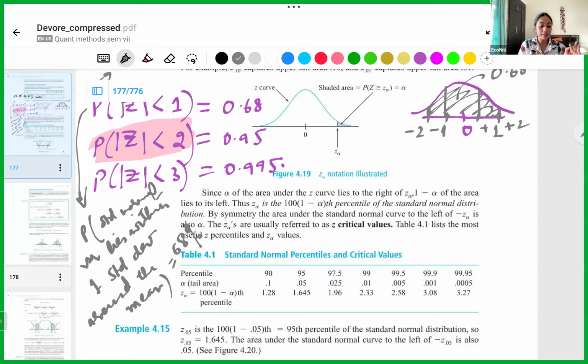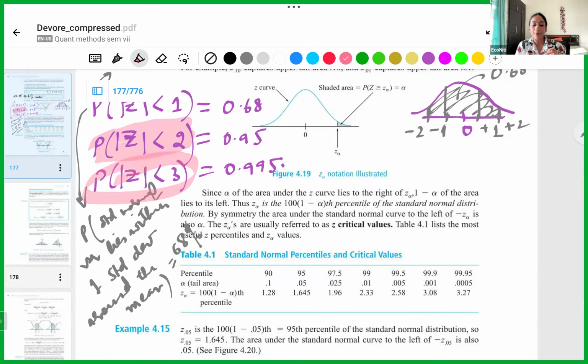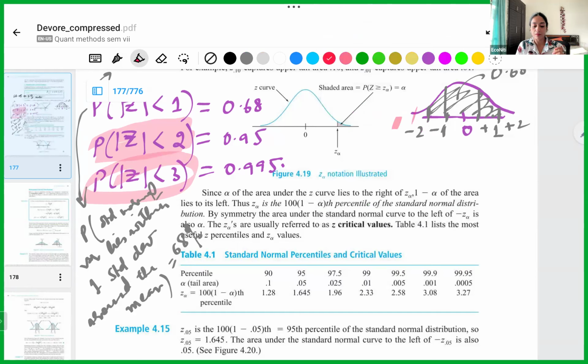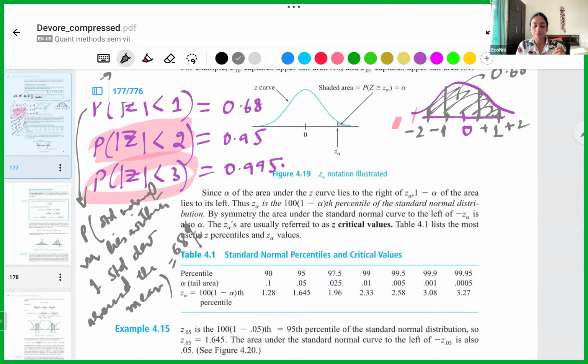And once you go to 3 standard deviations, -3 and +3, 99.5% values. सिर्फ 0.5% values will be as extreme as greater than 3 and less than -3. This is a pretty strong property.